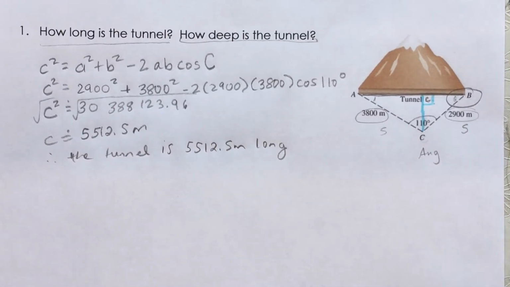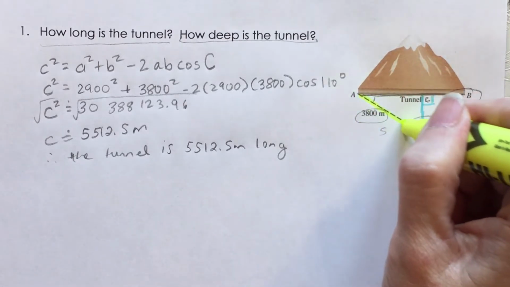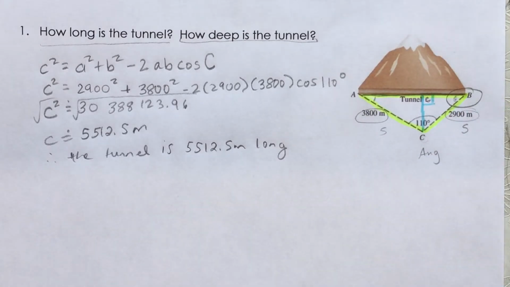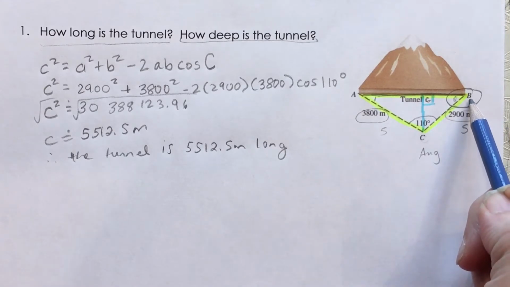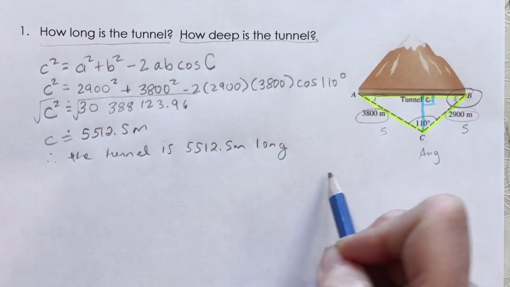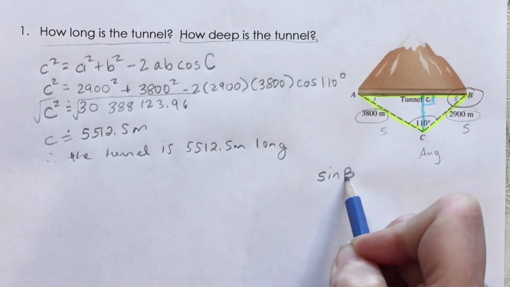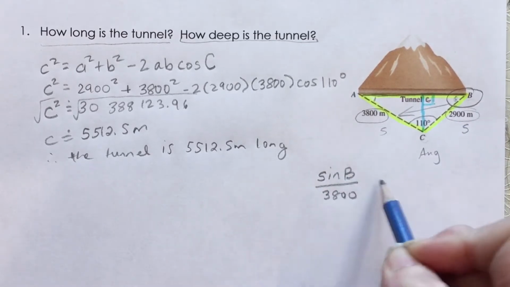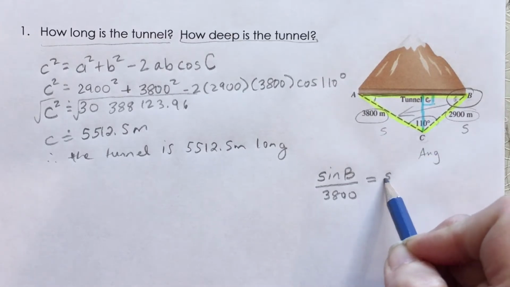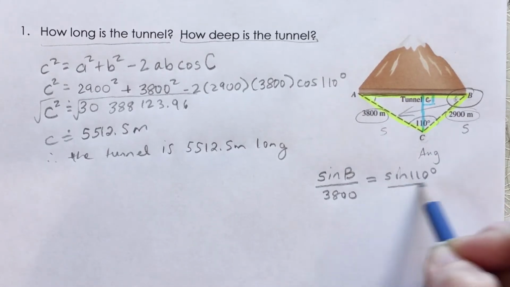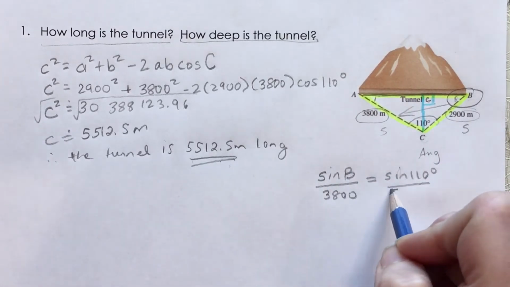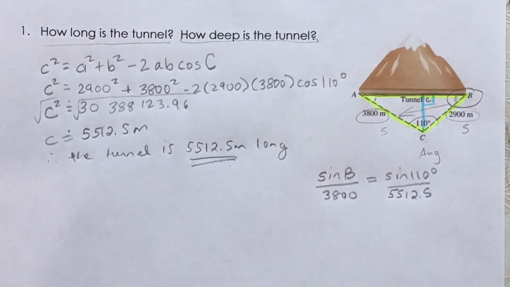And if again I look at the whole triangle that I'm outlining in yellow highlighter here, I can apply the sine law to the large triangle in order to find angle B. When I'm finding an angle using the sine law, I start off with the angle on top, so it's the sine of the angle over the length of the opposite side is equal to the sine of the angle we know, which is 110 degrees, over the length of its opposite side, which is that length that we just found, 5,512.5.